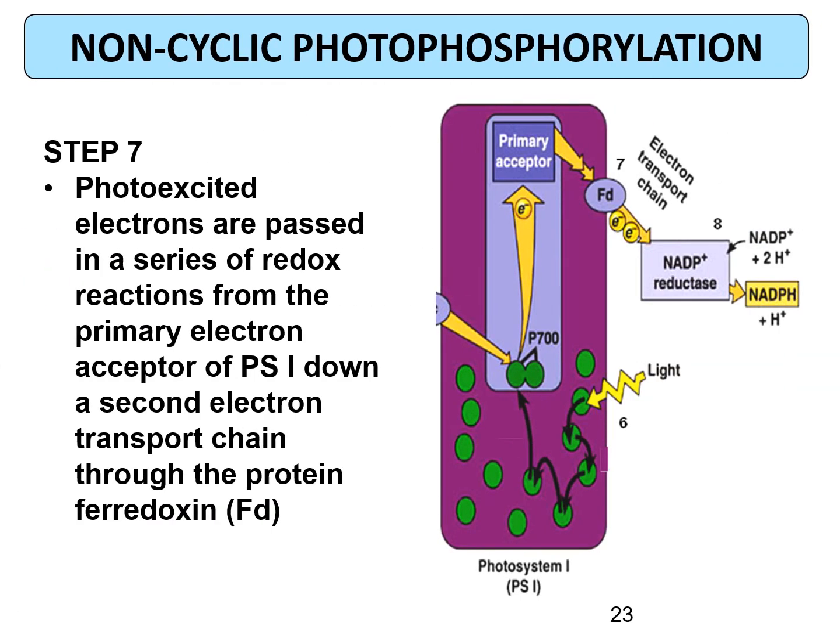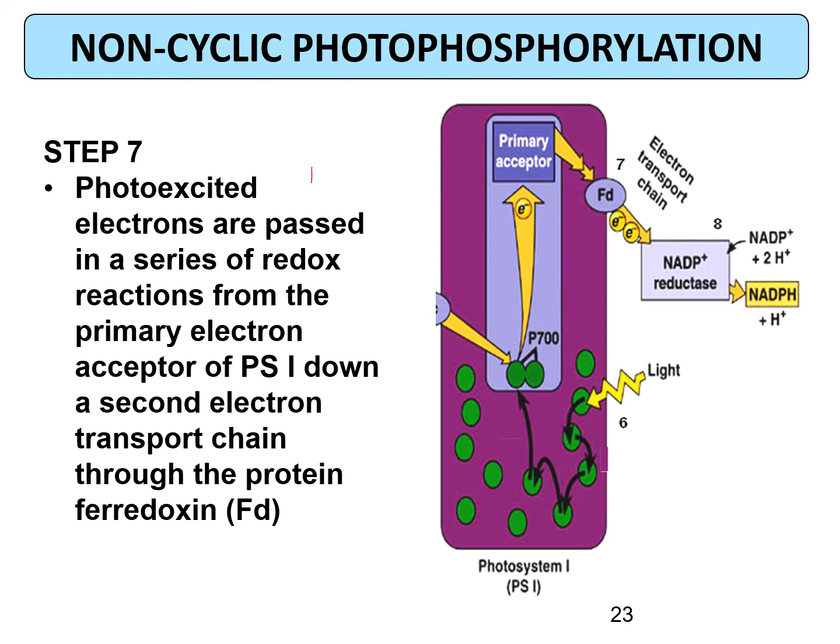The photoexcited electrons that are passed from the primary pigment to the primary electron acceptor will be passed through the electron transport chain. So the ETC here is slightly different from the ETC in between PS2 and PS1.